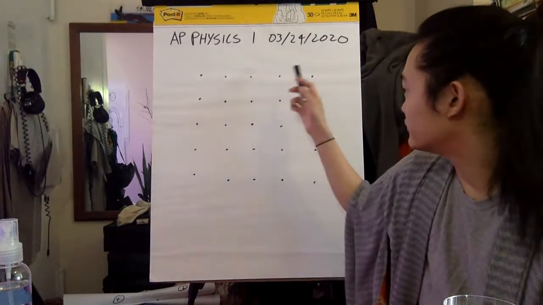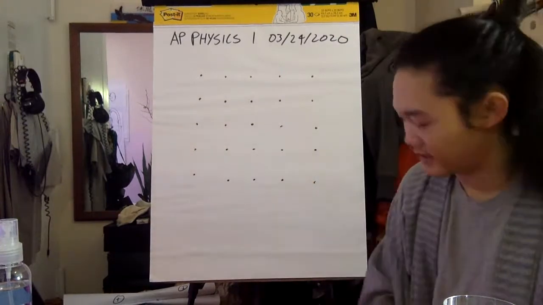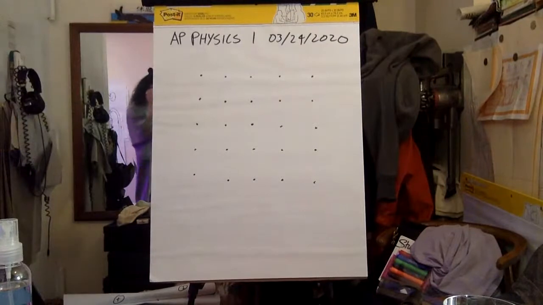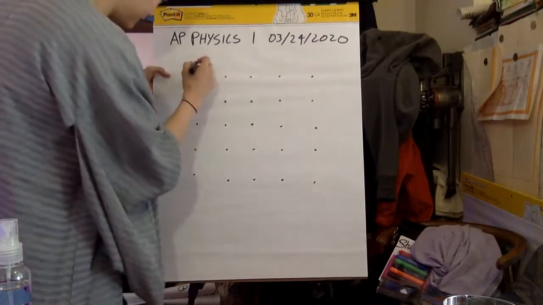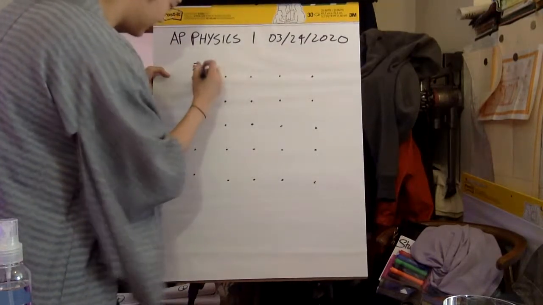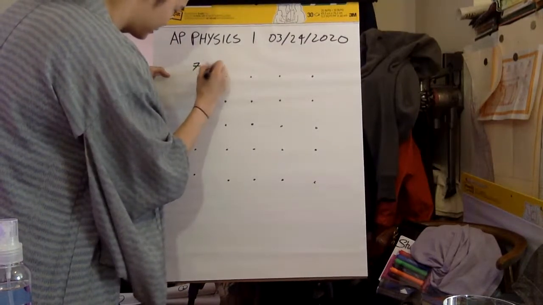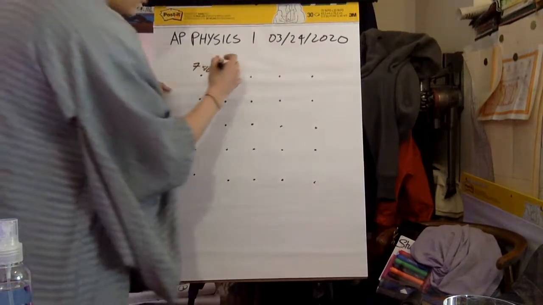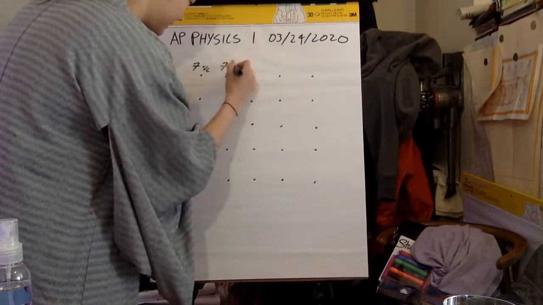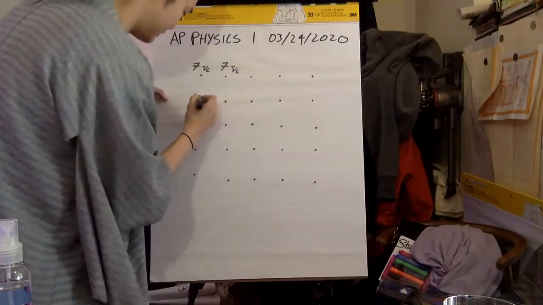I am going to write down a couple values here. I'm going to write here, it's going to be 7, and this will be joules per coulomb. All right, J over C. Okay, this will be 7 joules per coulomb again.